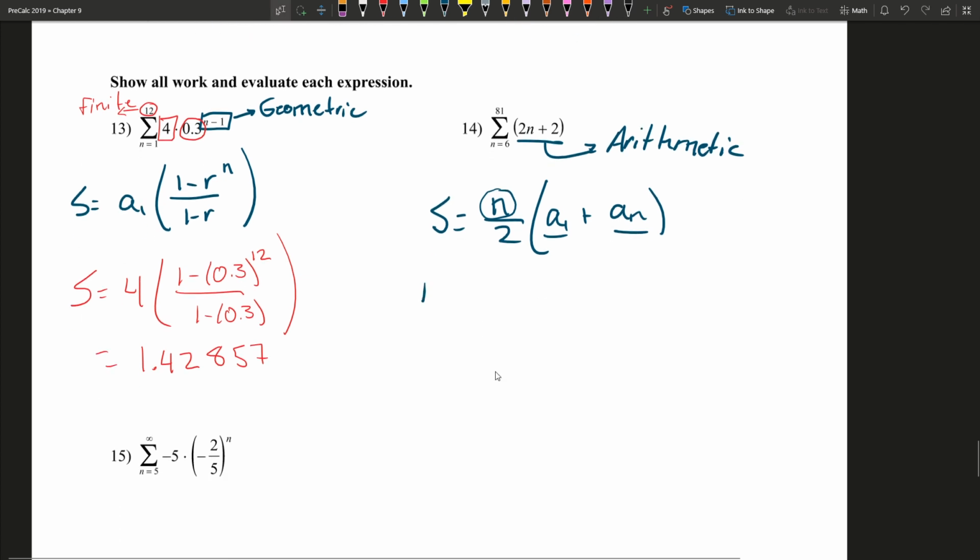So the number of terms is the 6th term, the 7th term, the 8th term, all the way up to the 81st term. The way I do this is 81 minus 6. That's 75. But that doesn't include the 6th term, so we actually have to add 1 to that. So the number of terms we're adding together is 76.